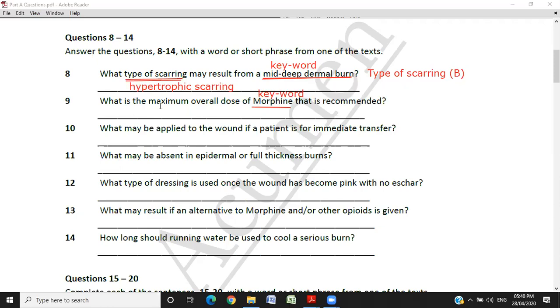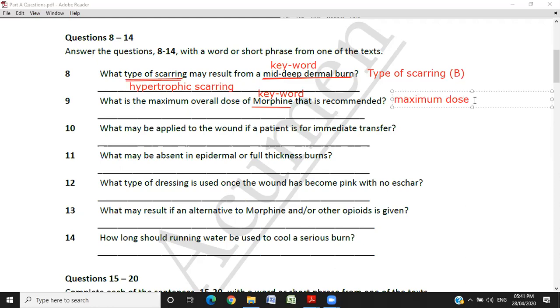And what type of information am I looking for? Dose. But it is maximum dose. Yeah, and it doesn't tell me anything about which age group, which situation. It doesn't tell me anything about that.